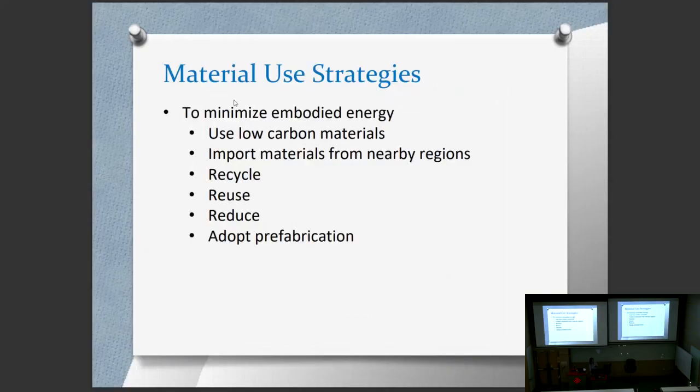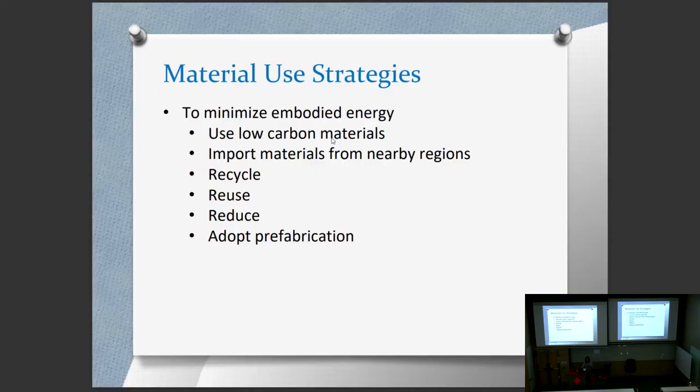So to minimize the embodied energy, we may have these approaches. Use low carbon materials, for example bamboo. Bamboo can grow very quickly, very fast. Some kinds of bamboo can grow over 10 cm in one night.